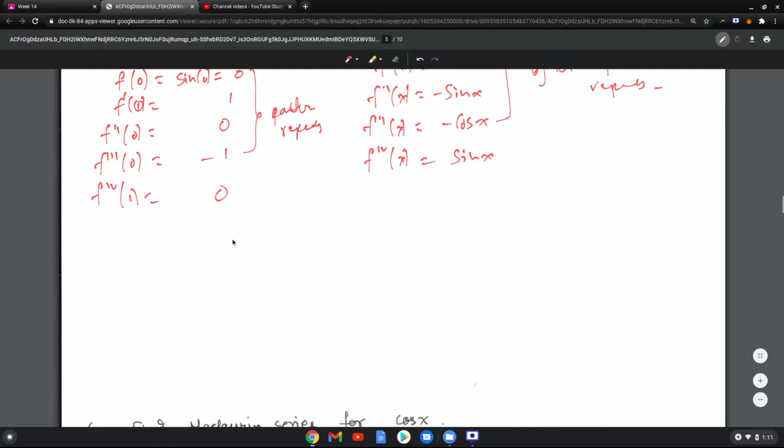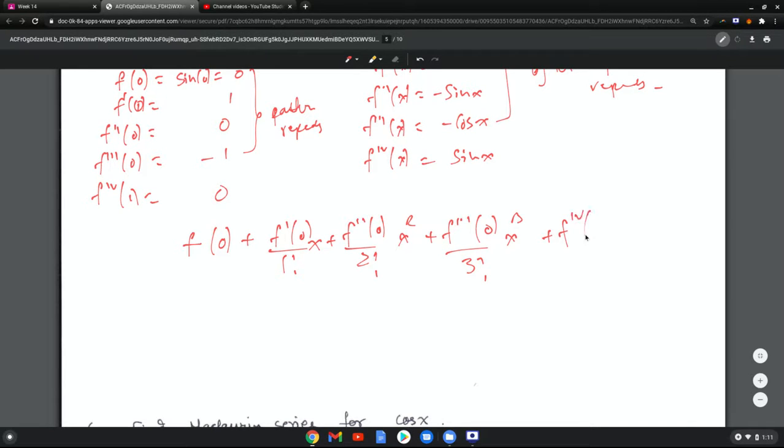Which means what I have is f of 0, f prime 0 over 1 factorial times x, f double prime 0 over 2 factorial times x squared, f triple prime 0 over 3 factorial times x cubed, f fourth derivative over 4 factorial times x to the 4, and so on.